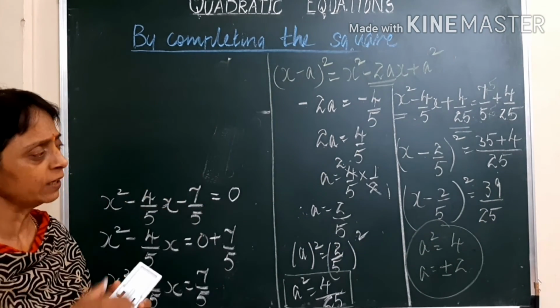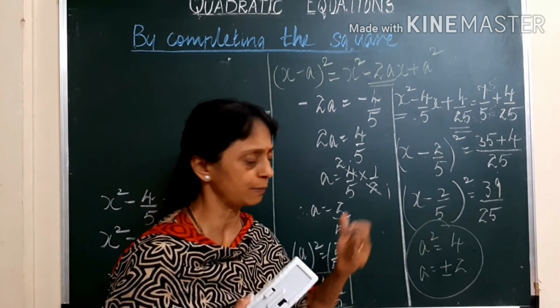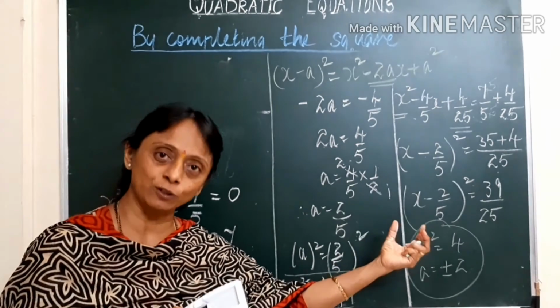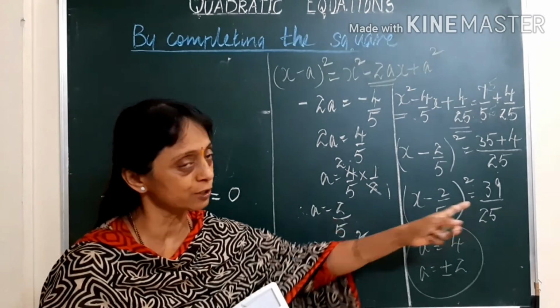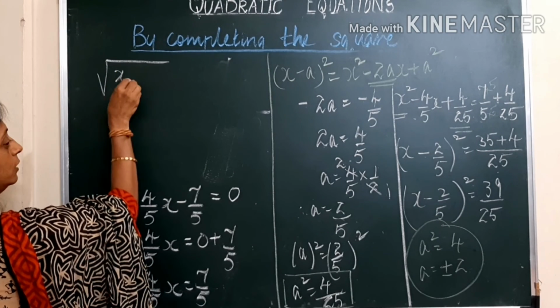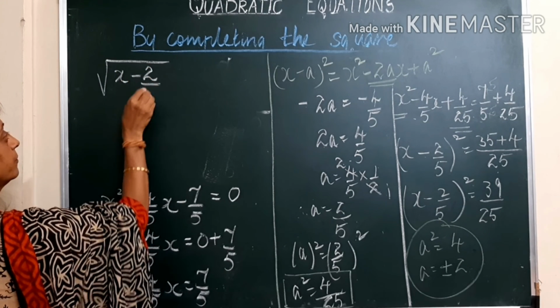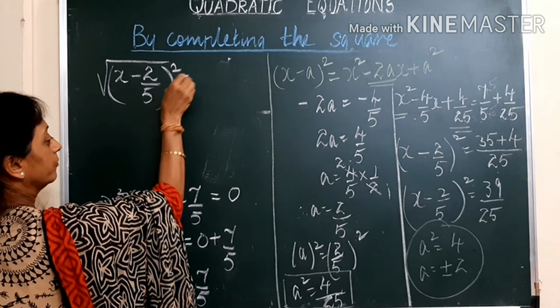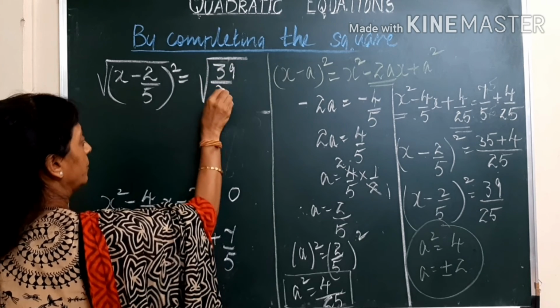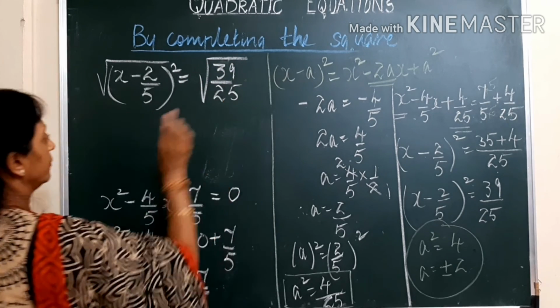So how do we get rid of this square and just get x minus 2 upon 5? So we take the square root. If we take the square root on the left hand side, you have to take the square root also on the right hand side. So taking the square root on both the sides, square root of 39 upon 25.